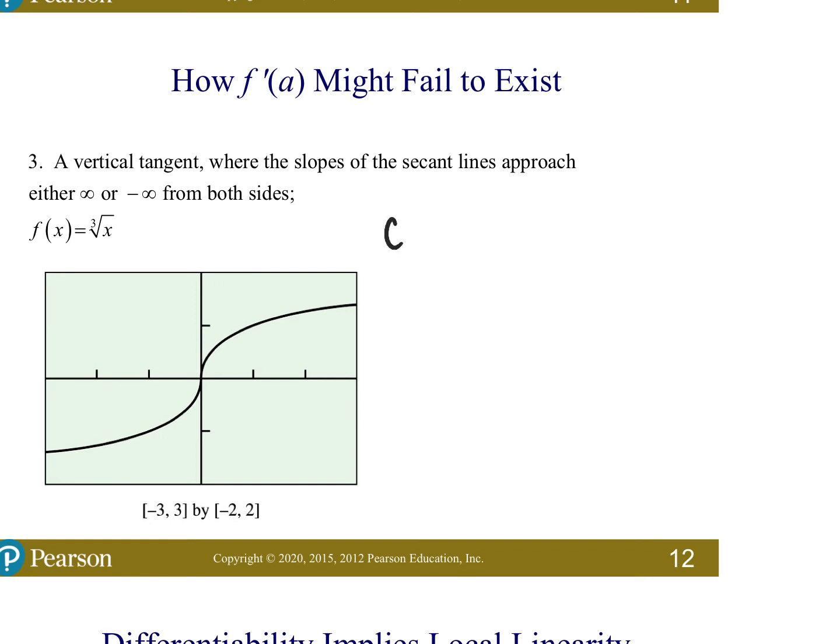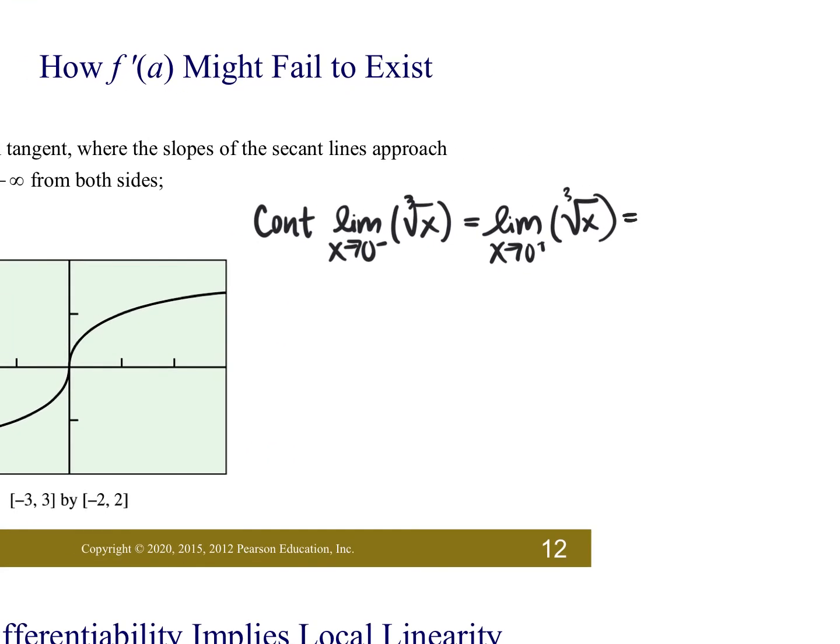So we can kind of fly through that: approaching 0 from the left, the limit of the cube root of x is equal to the limit on the right of the cube root of x, which is all equal to f of 0. So as I'm investigating those, the equality is proved. You can see we're getting in the rhythm of how these go.